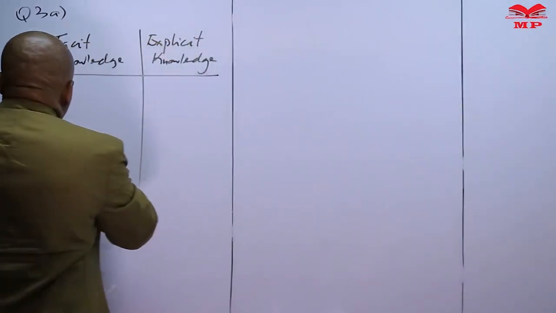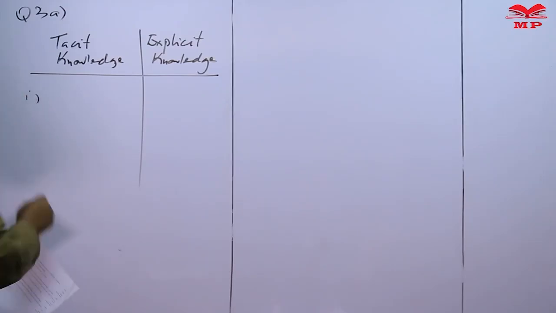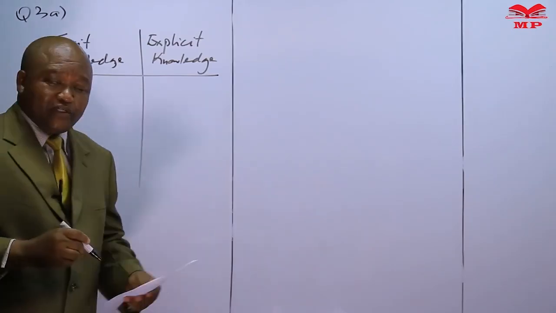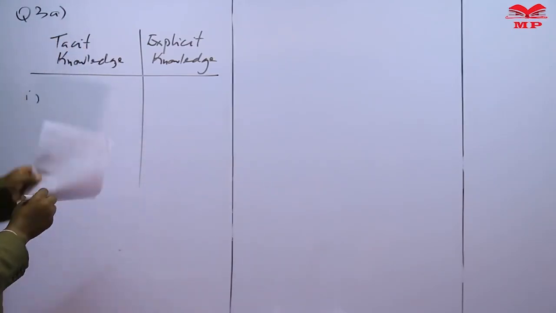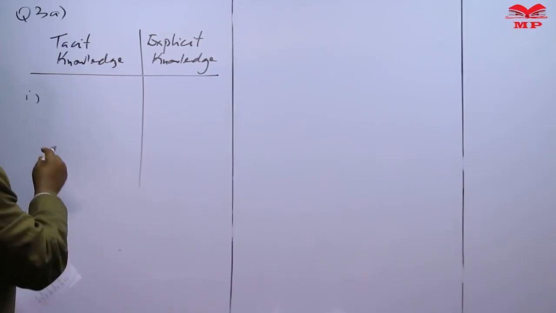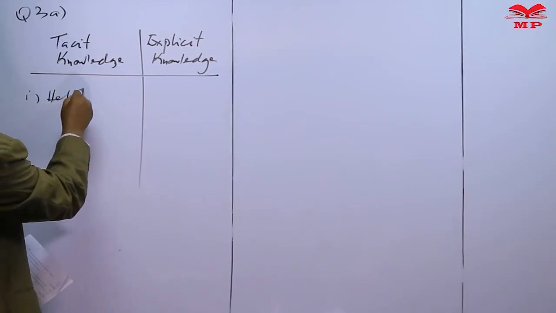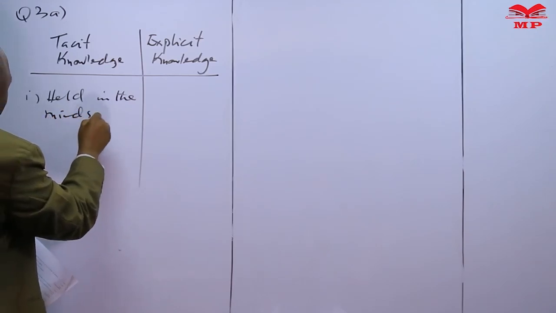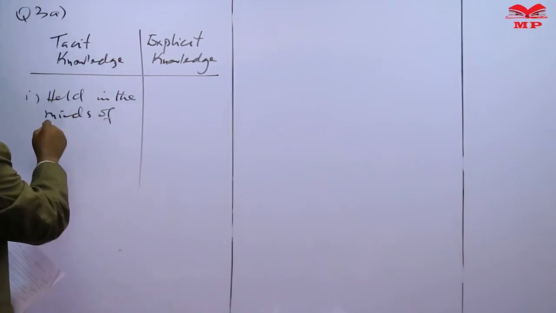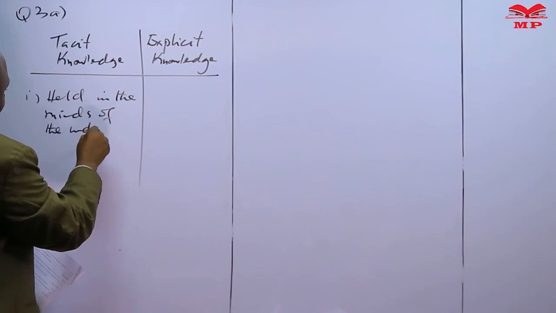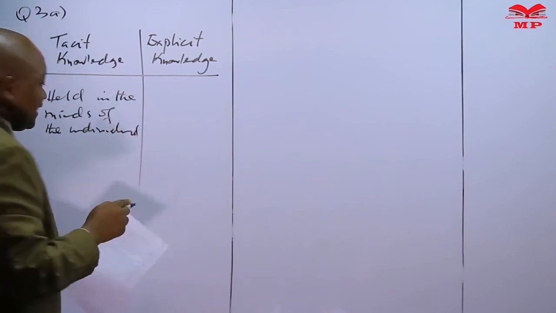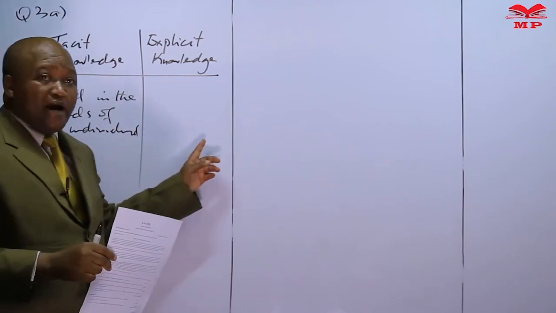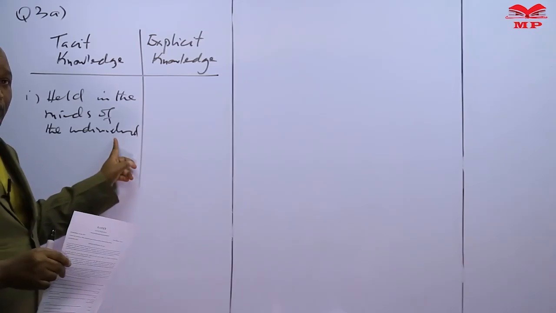The first difference between tacit knowledge and explicit knowledge is that tacit knowledge is knowledge that is held in the minds of the individual, and in this case, held in the minds of the worker in a given organization.